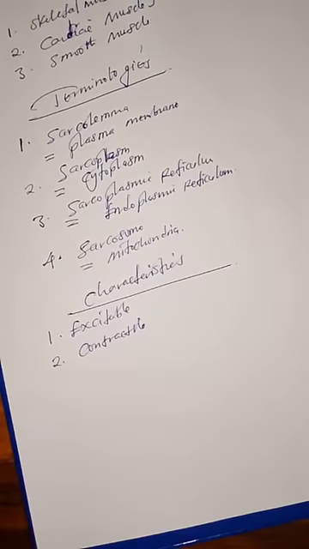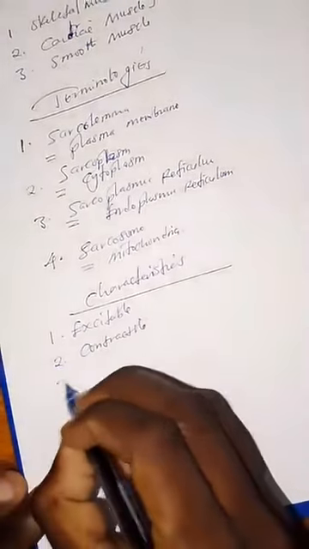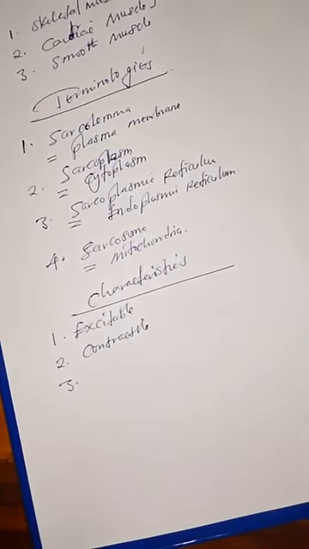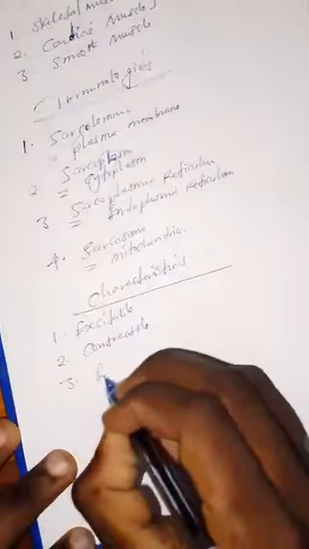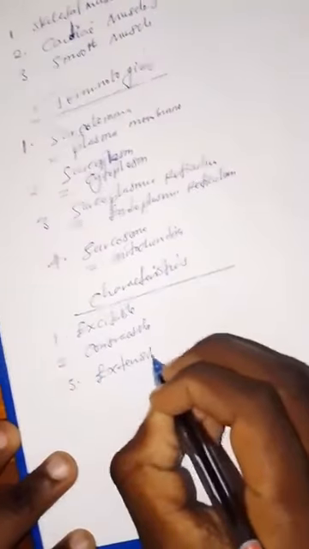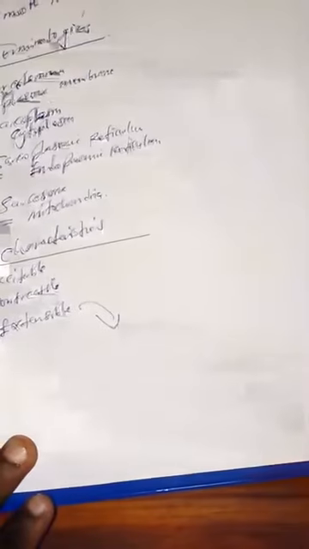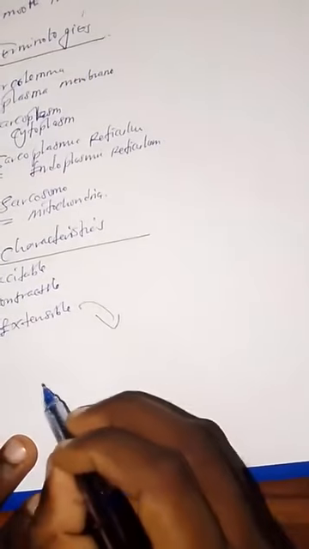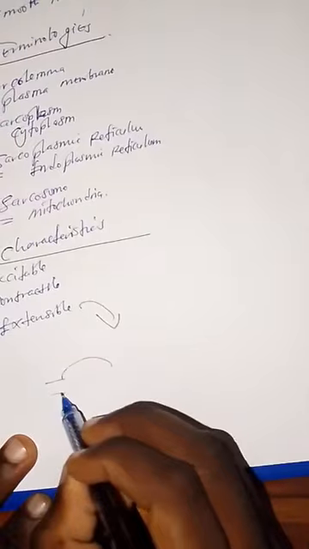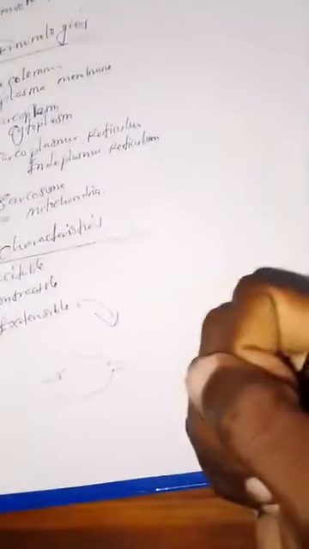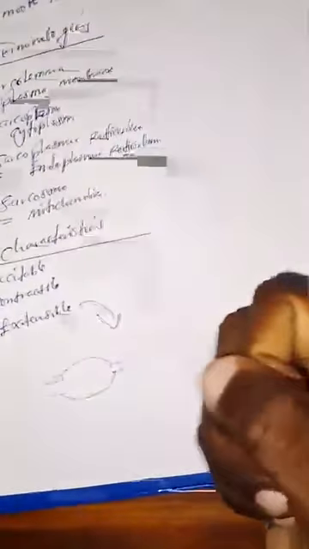Okay. Another characteristic of the muscle is that it's able to extend. It's extensible. Let's look at this. When you pull the muscle, you're able to extend it.